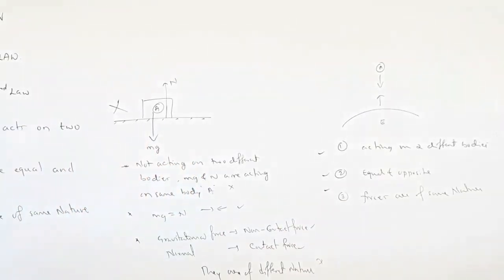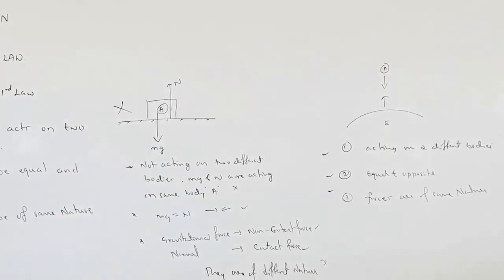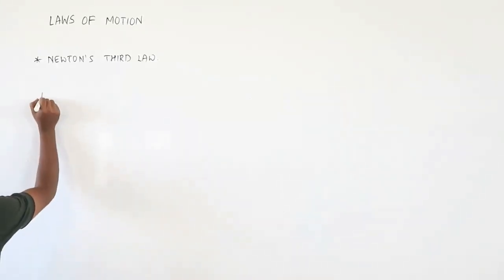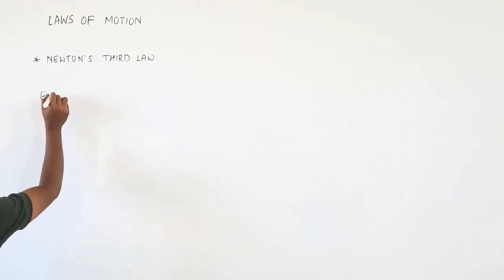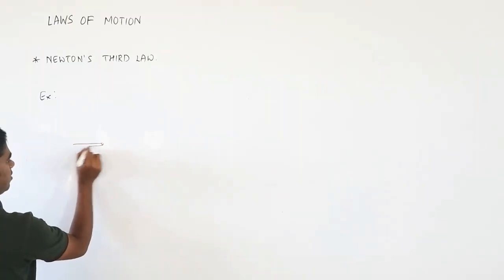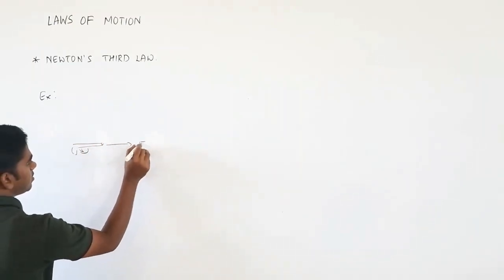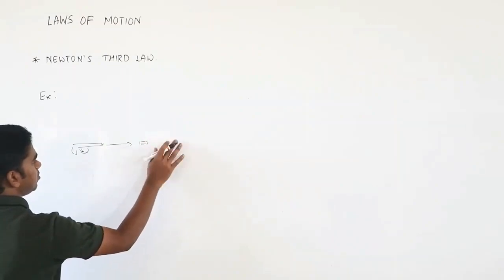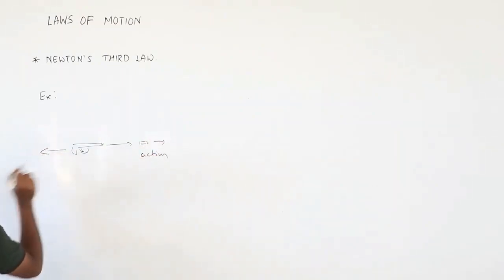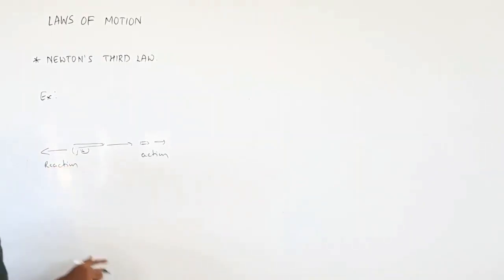So like that, many examples are there. We will see the examples. The very popular example is firing of a bullet from your gun. If you fire a bullet, the bullet is moving because of action, and the gun is moving backward because of reaction. You can check.